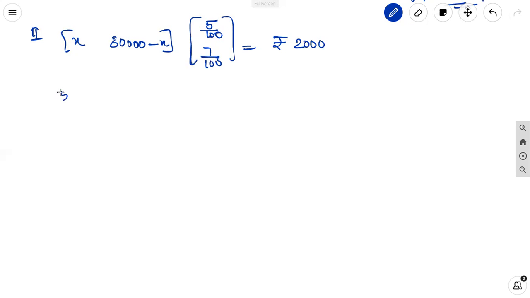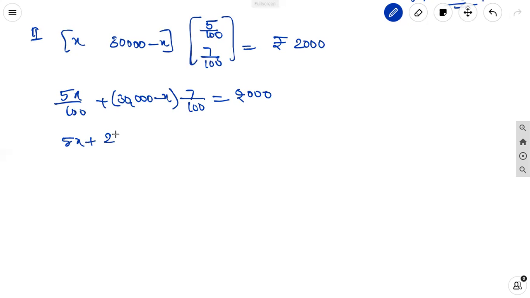Again product: 5x by 100 plus 30,000 minus x into 7 by 100 equal to 2,000 rupees. Taking the LCM, 5x plus 7 3s are 2,10,000 minus 7x equal to 2,000 into 100.